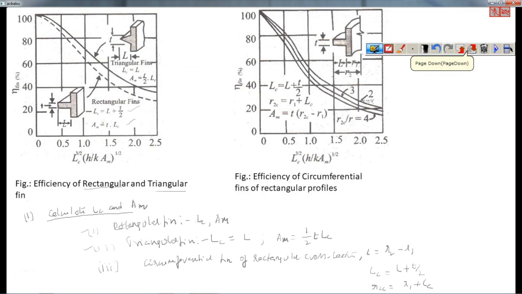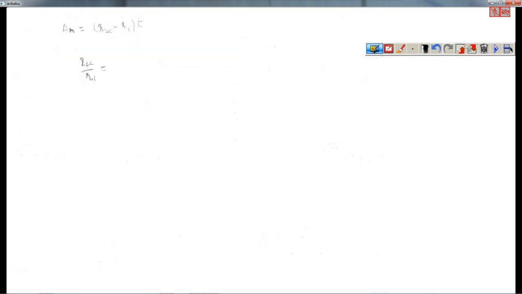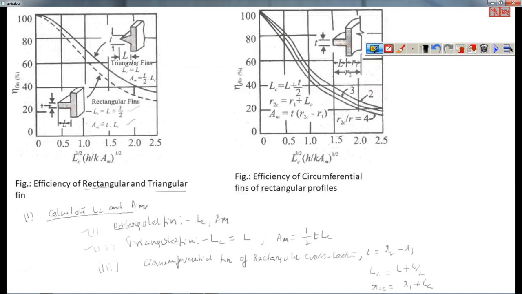When it is equal to 2, you can follow this graph. So this is something you need to remember. If in the problem a rectangular fin of uniform cross section is given, you can go for a triangular fin. And again, for a circumferential fin of rectangular cross section, you can follow this, figure 2, and how to calculate LC, R2C and AM I have mentioned here.